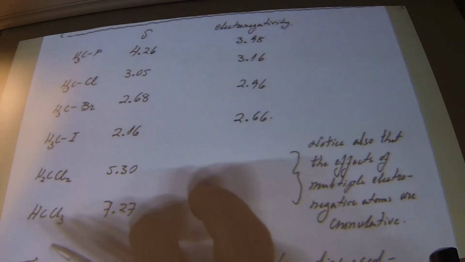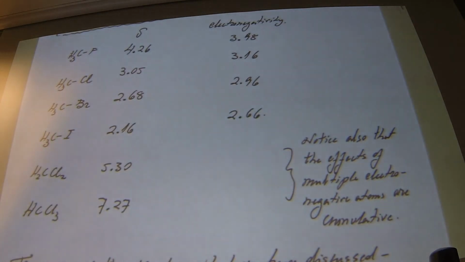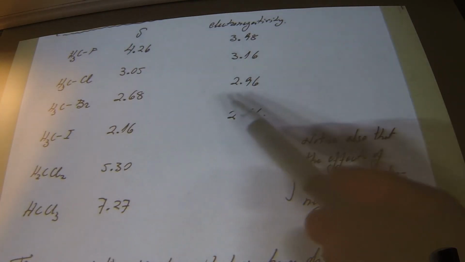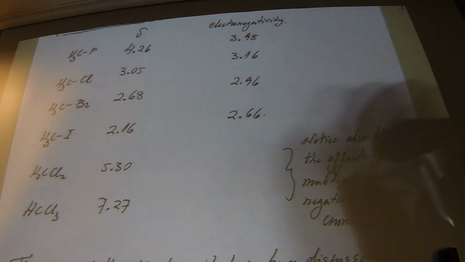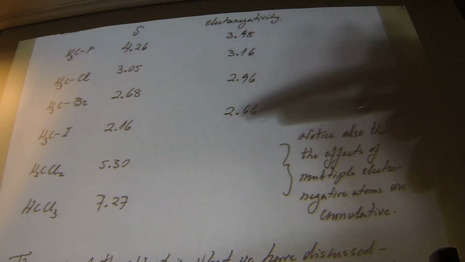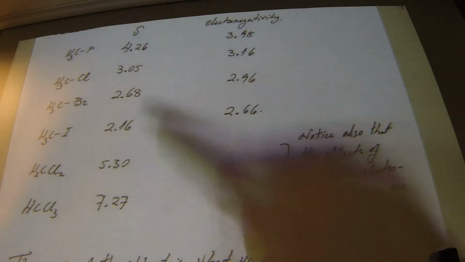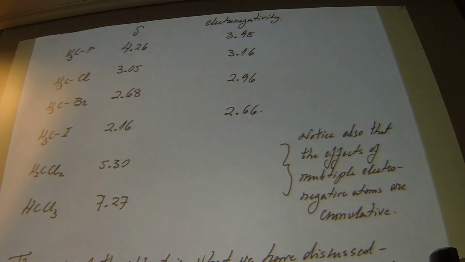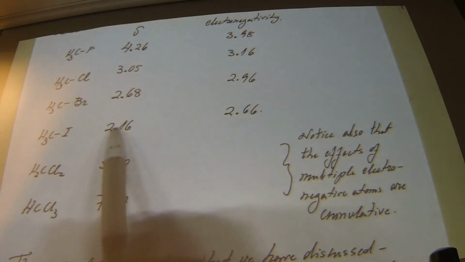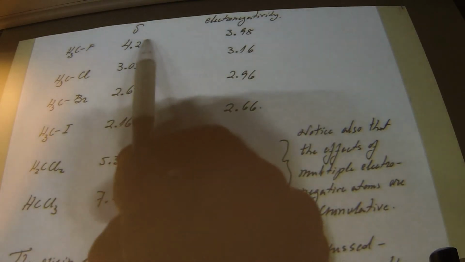So the electronegative atoms de-shield protons and adjacent carbon atoms. And so remember there was a very strong and good correlation between electronegativity and chemical shift. So more electronegative fluorine means it de-shields the methyl group much more than the less electronegative iodine. So methyl fluoride 4.6, methyl iodide 2.16 ppm.